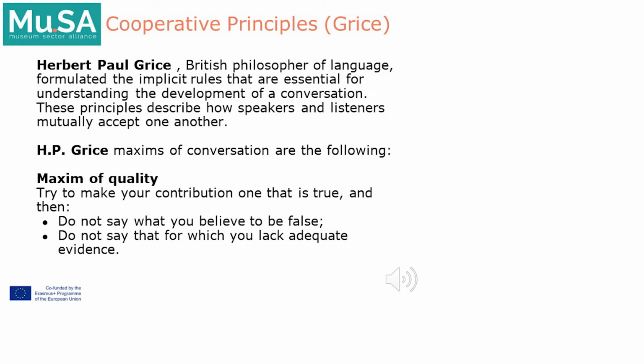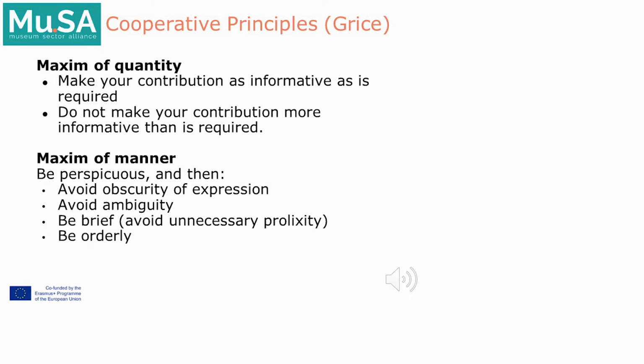Grice's maxims of conversation are the following. Maxim of quality. Try to make your contribution one that is true, and then do not say what you believe to be false. Do not say that for which you lack adequate evidence. Maxim of quantity.